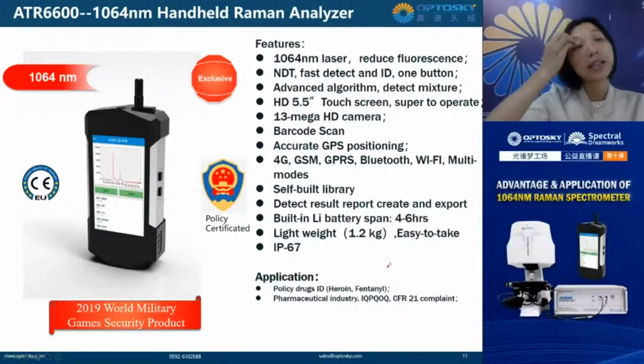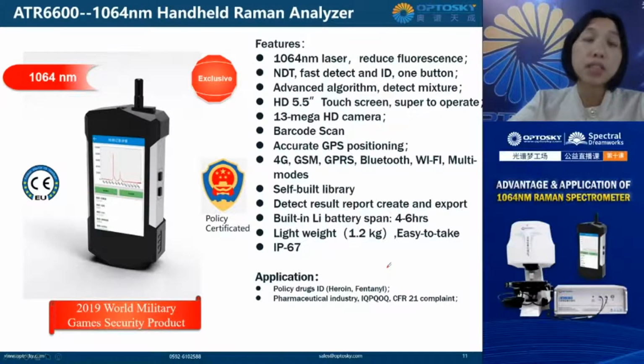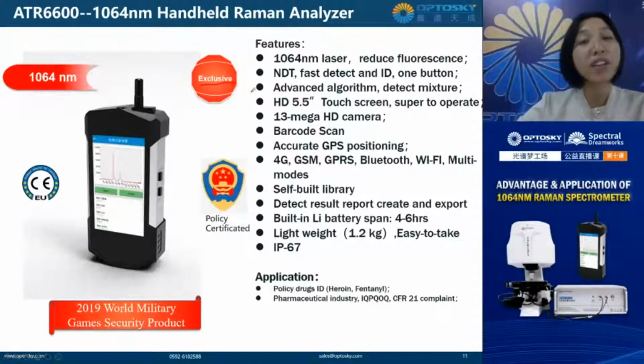And next, we would like to introduce some details about the ATR6600. ATR6600 is the 1064 handheld Raman analyzer, and OptoSky is the exclusive provider of 1064 Raman spectrometers in China, and we have a CE certificate.